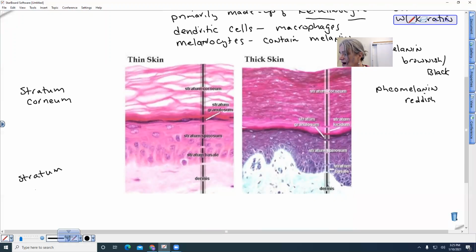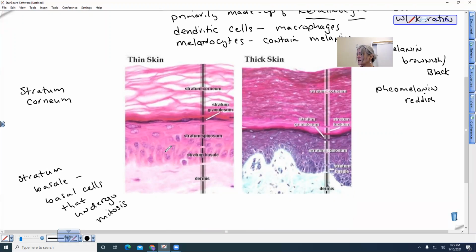So this is my stratum basal. These could include basal cells that undergo mitosis. And mitosis is a type of cell reproduction that is different from meiosis, that involves the cells just reproducing and making copies of themselves.